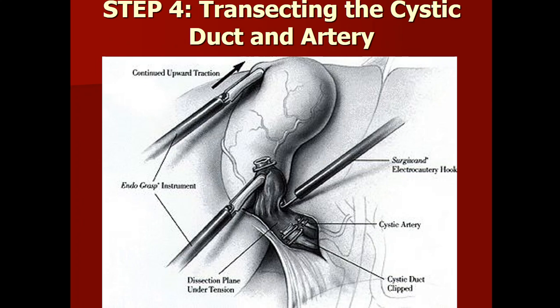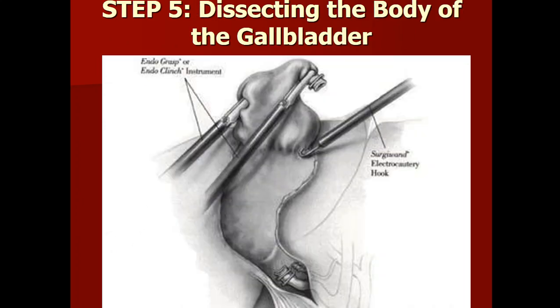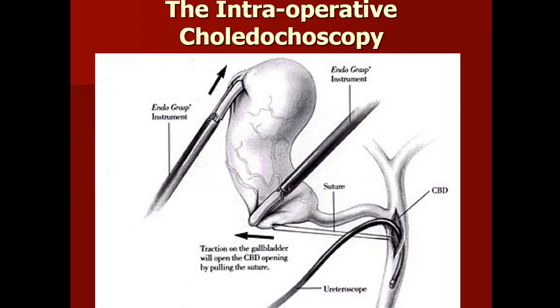Then comes the dissection under tension. And the last thing, step 5, is dissecting the body of the gallbladder using traction of the gallbladder and, in most cases, an electrocautery hook.